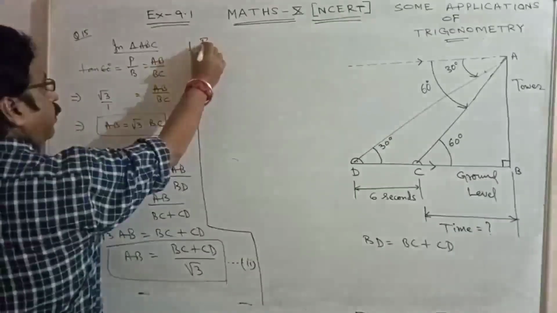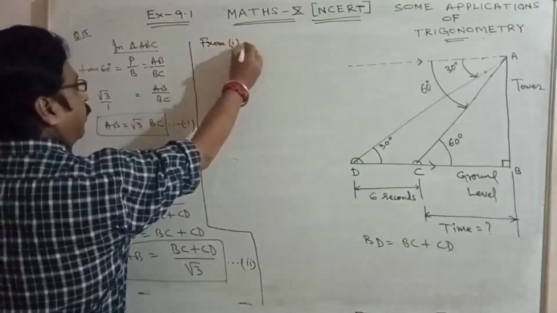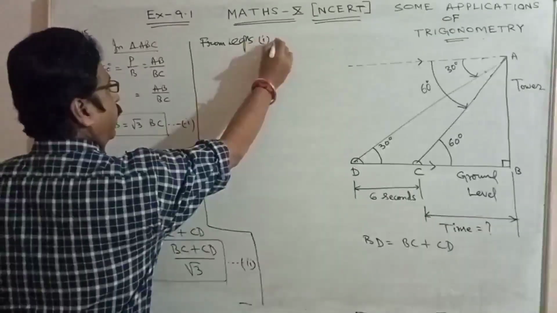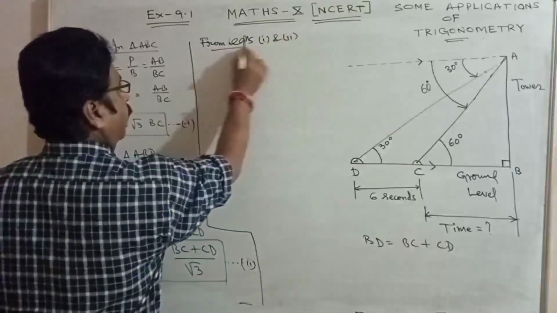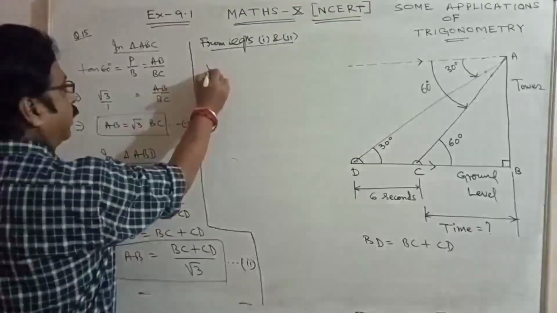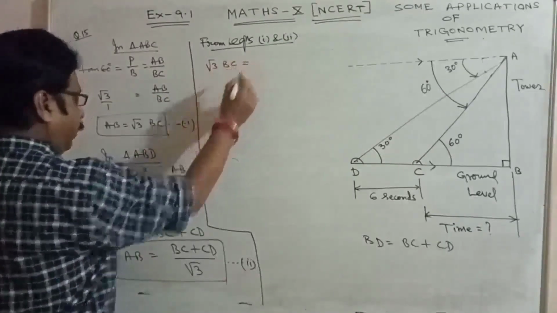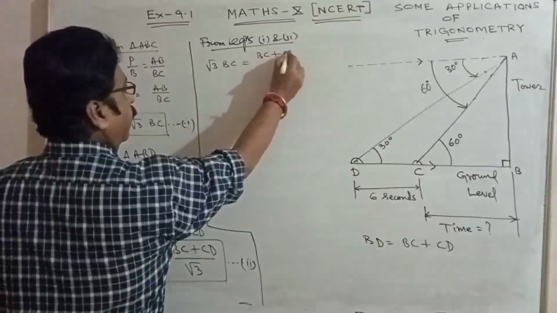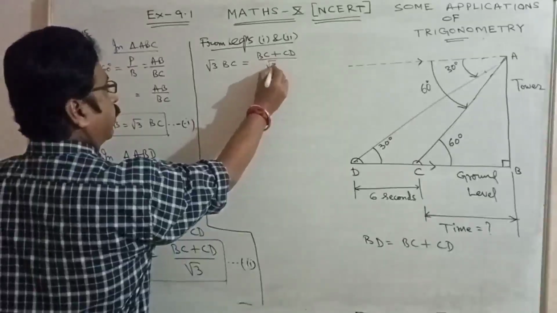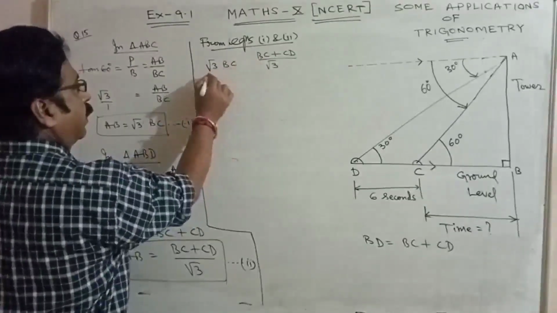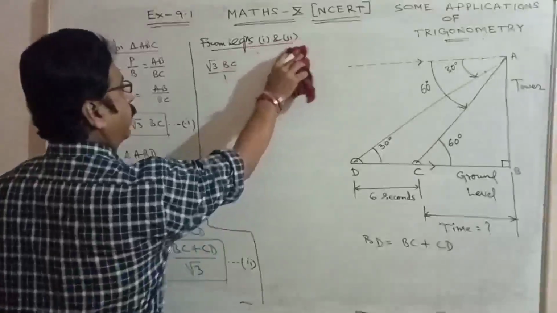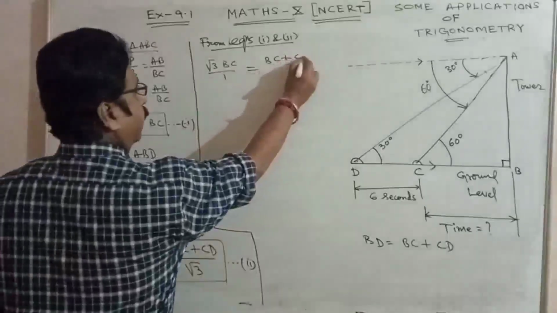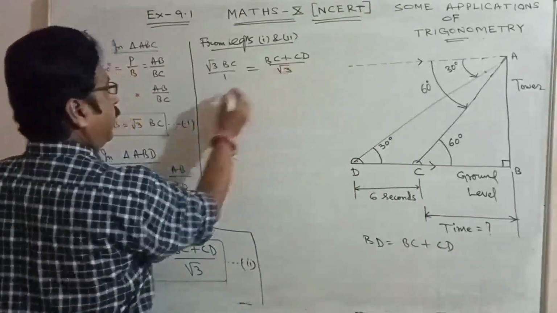From equations 1 and 2, we can write root 3 BC equals BC plus CD upon root 3.